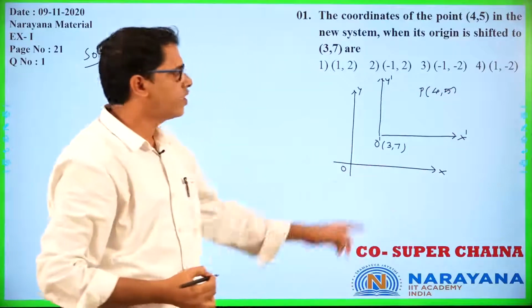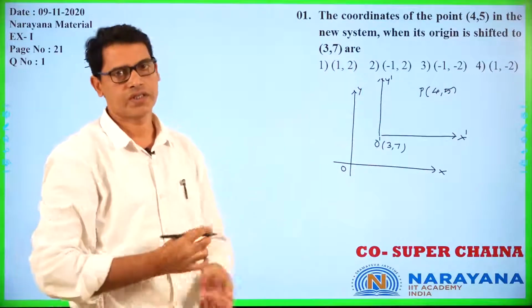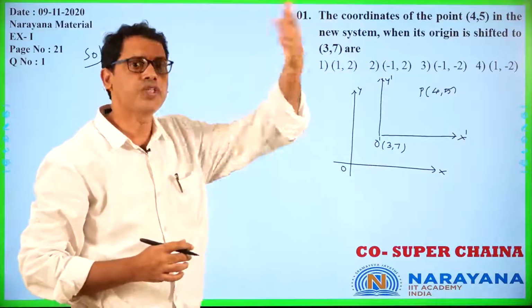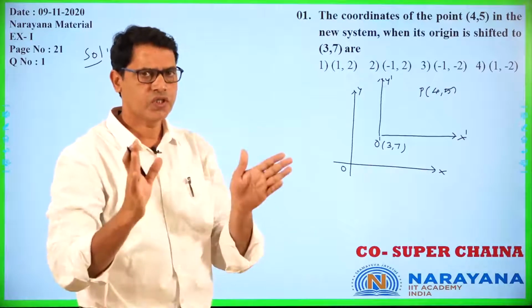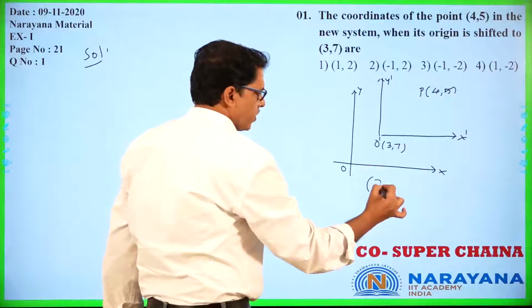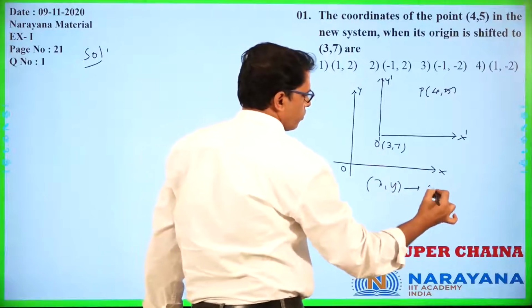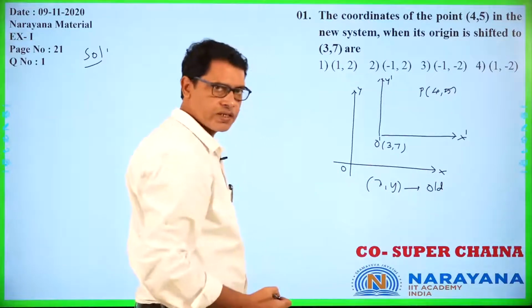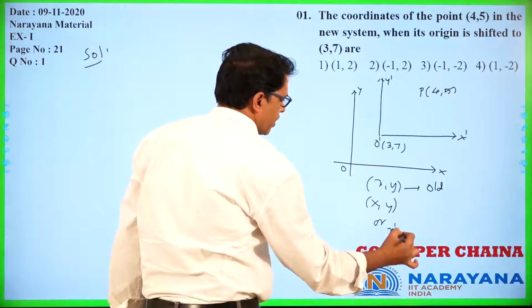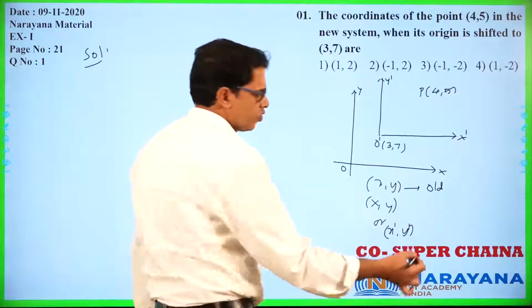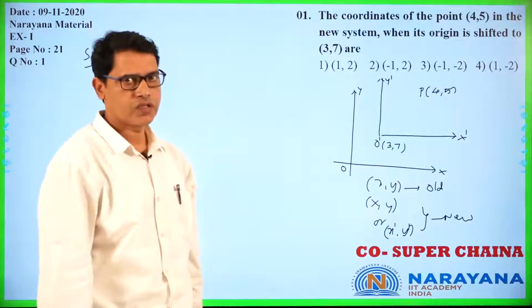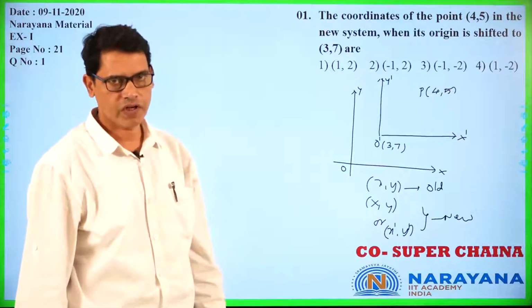Now we have to find the transformed coordinates, the coordinates of the point 4, 5 in the new system. In the new system means you make a difference here: small x, y refers to the old or original axes, and capital X, capital Y, or you can say x dash, y dash, whatever it may be, are for transformed or new coordinates, for our convenience.